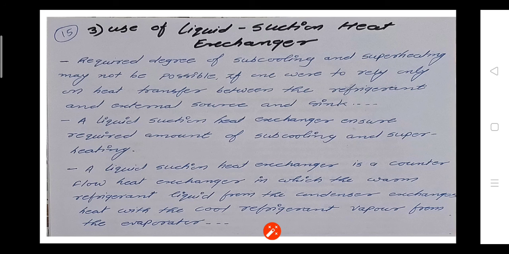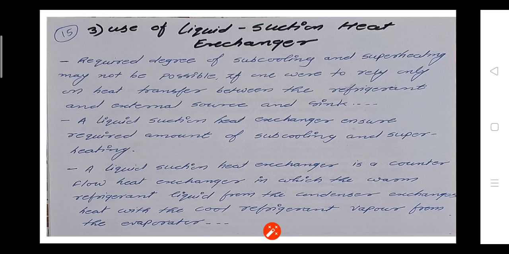Next, the next modification is the use of a liquid suction heat exchanger. We know that the subcooling and superheating, okay, are not possible as per our required temperature, because subcooling and superheating depend upon the heat sink temperature or the heat source temperature.